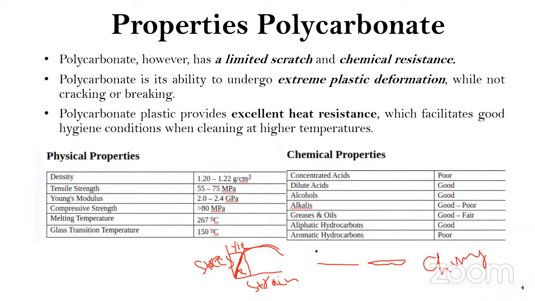There is a permanent deformation. The material is extended to some distance, and when you release the force, it will not come back to its original position. It will stay in this manner. And this is a very important property of that polymer.